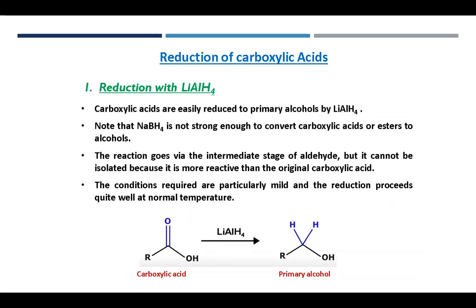Reduction of carboxylic acids. It can be done in a variety of manners. First of all, we will see the reduction of carboxylic acid with lithium aluminium hydride. Carboxylic acids are easily reduced to primary alcohols with the help of lithium aluminium hydride. The reaction goes via an intermediate aldehyde stage, but it will not stop at the aldehyde stage.